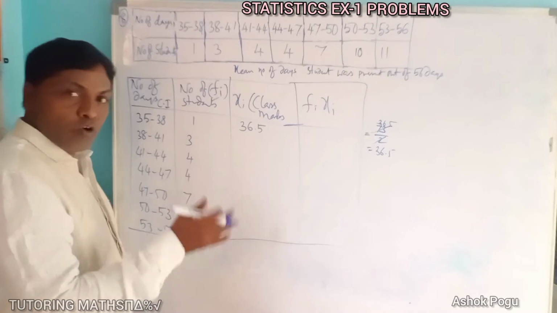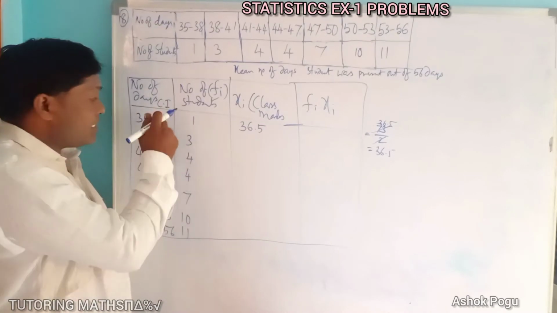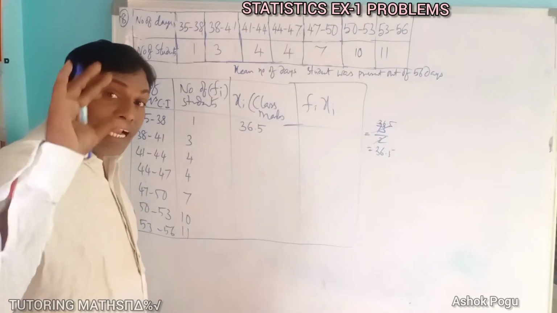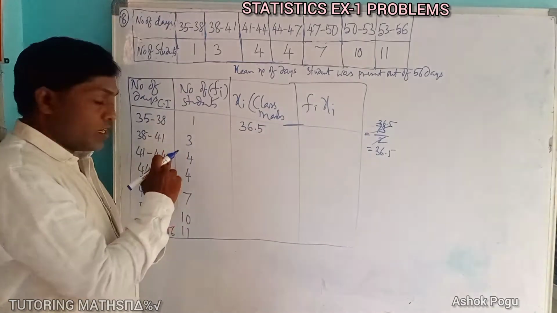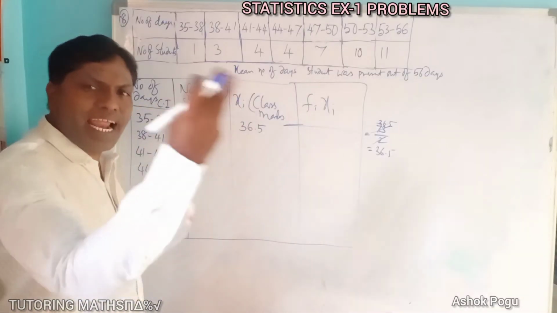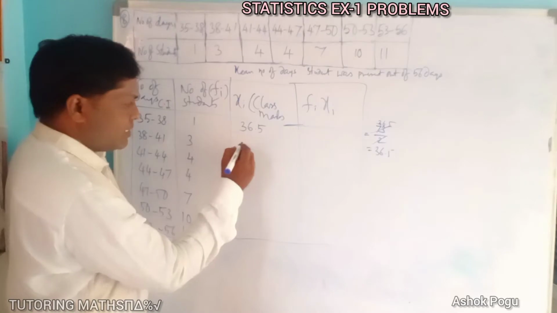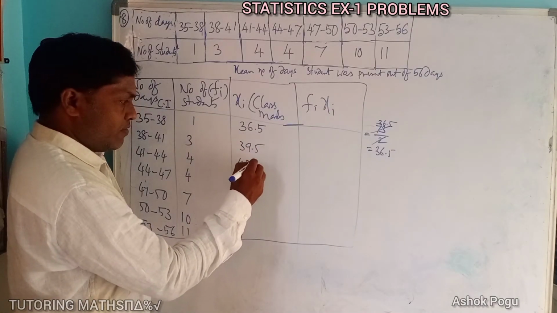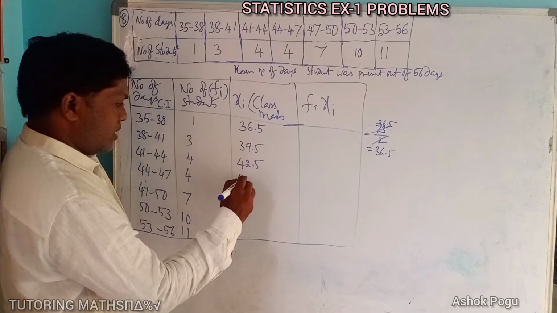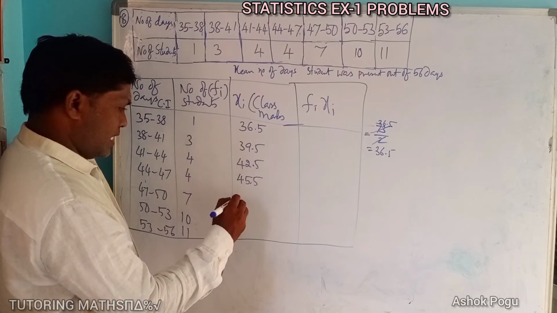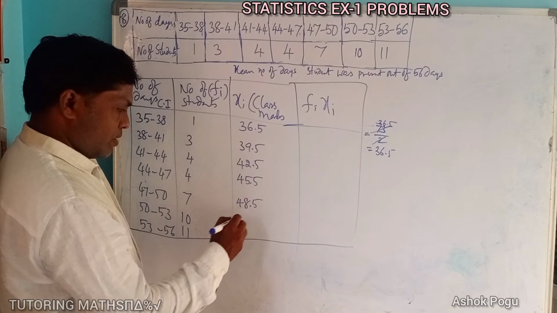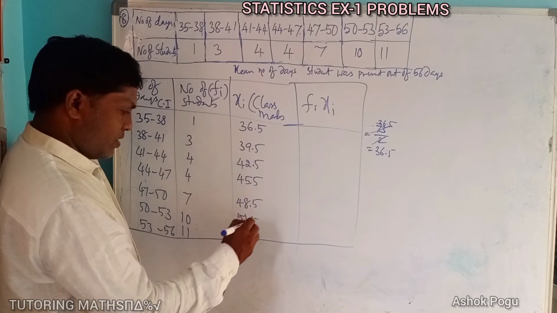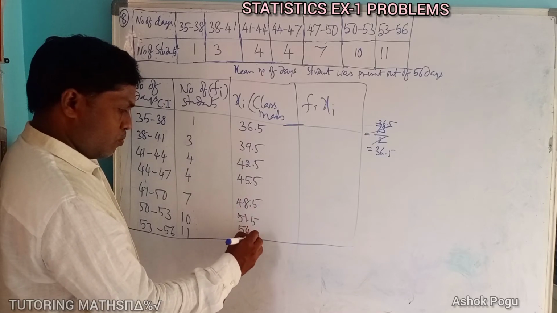You need not calculate the remaining. Just observe the height of the class: 38, 41, 44, the difference is 3 each time. Just go on adding 3. 36.5 plus 3 is 39.5, plus 3 is 42.5, plus 3 is 45.5, plus 3 is 48.5, plus 3 is 51.5, plus 3 is 54.5.